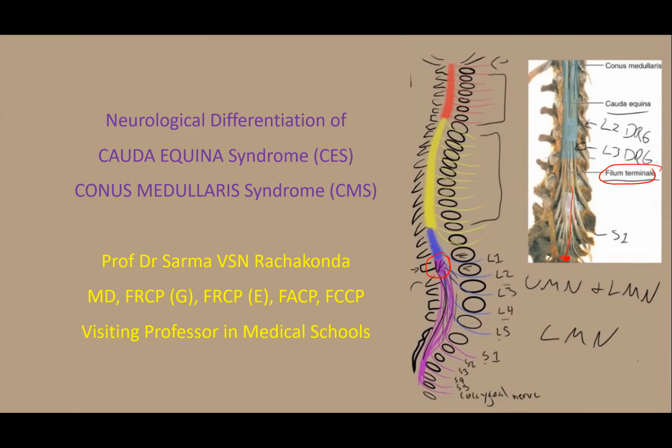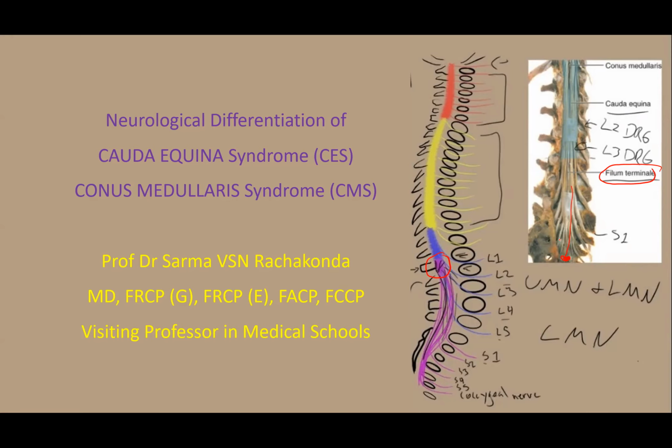There is no neural tissue in that, no nerve roots, no spinal cord, only the fibrous part. This is to anchor the spinal cord. Suppose you have a belt, you want it to be completely stretched. What do you do? You put some weight and fix the lower end so that it is just stretched and kept, not overstretched, not allowed to withdraw itself higher.